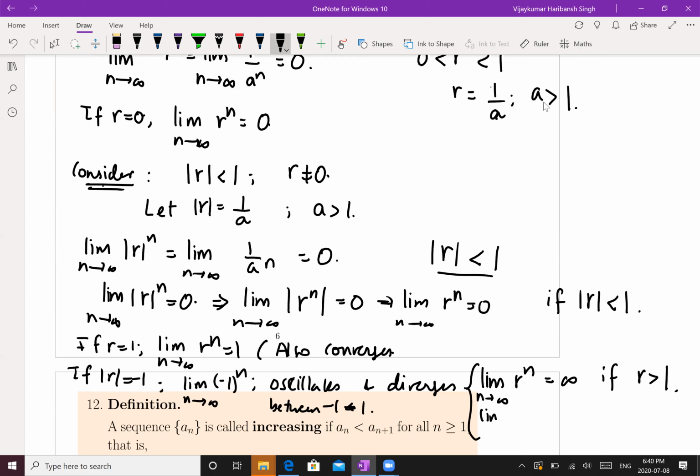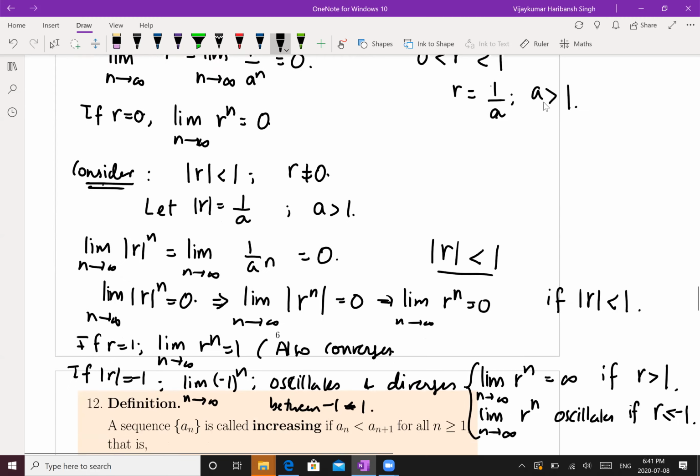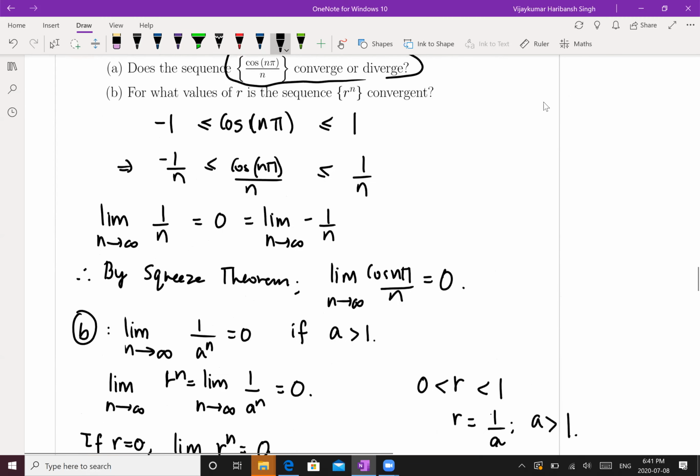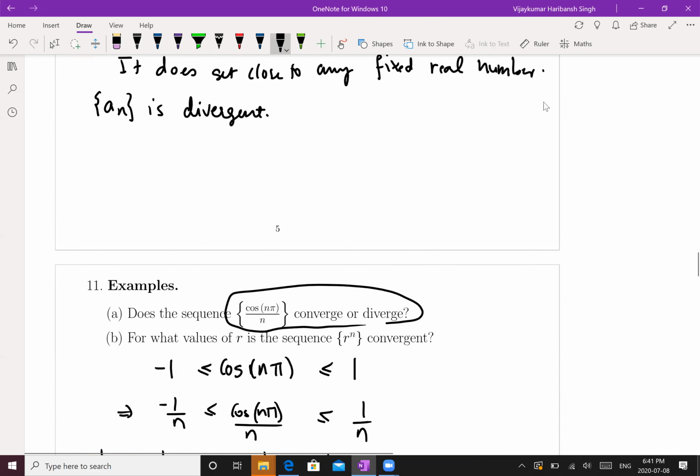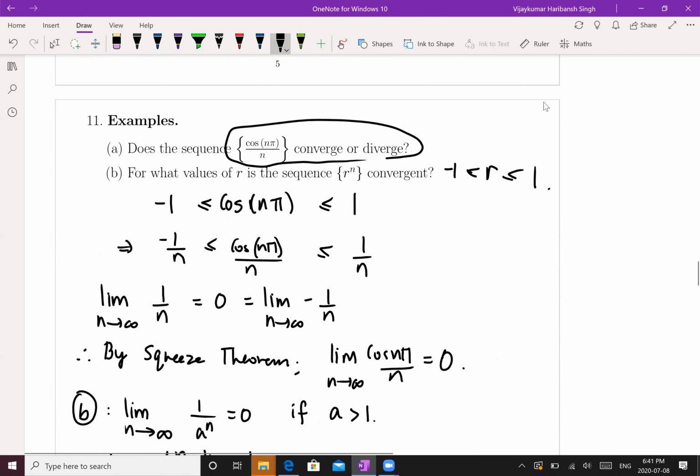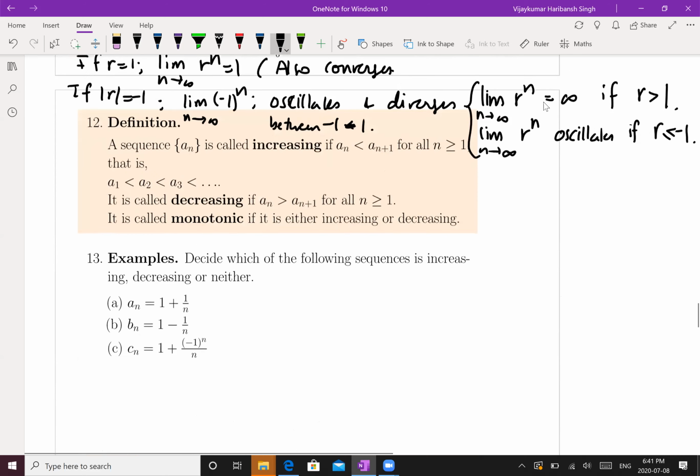Similarly, the limit as n goes to infinity of r to the n oscillates if r is less than or equal to -1. So therefore, what do we get? It only converges when, so when does it converge? When r is greater than -1 and less than or equal to 1. We'll see later why that is useful.